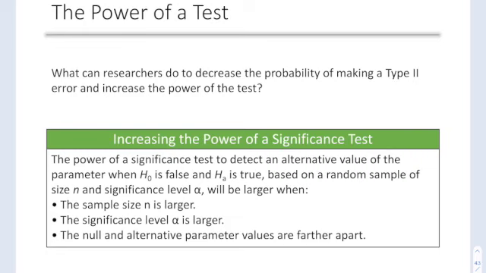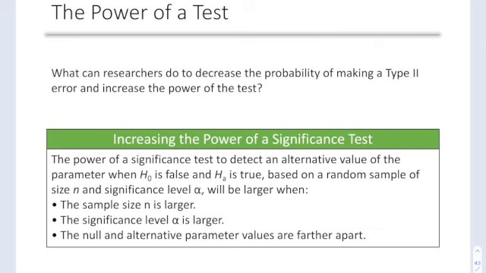So how can you increase the power of a significance test? Well, we can increase the sample size, we can increase the significance level, but also if the null hypothesis value and the alternative value of the parameter are further apart, instead of 30 hours and 31 hours, say 30 hours and 36 hours, because there's such a large gap, that would increase the power.